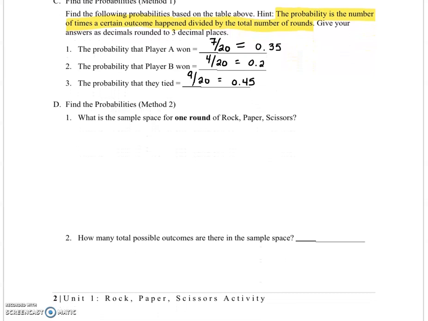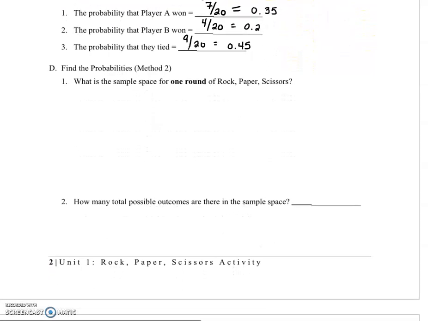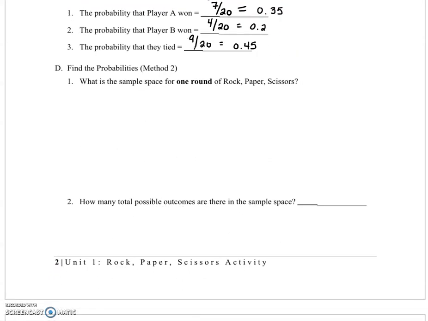Okay. So now, if we just play one round of rock, paper, scissors, what happens? Okay, player 1 does something and player 2 does something. So let's start with player 1. Player 1 could either make a rock, make paper, or make scissors.